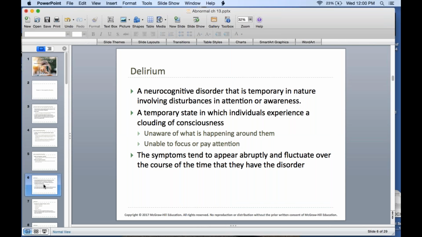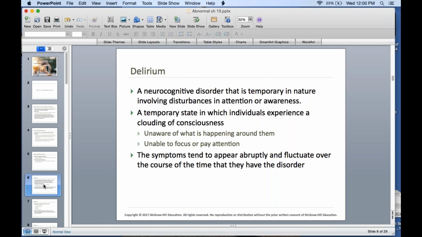With dementias, they come on slowly. With delirium, they come on all of a sudden. They do tend to fluctuate over the course of time that the person has the disorder, but it comes on all of a sudden. A delirium may be due to a psychological stressor, and may be due to a medication issue.